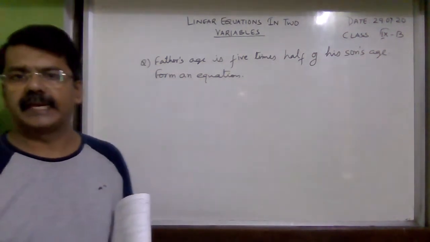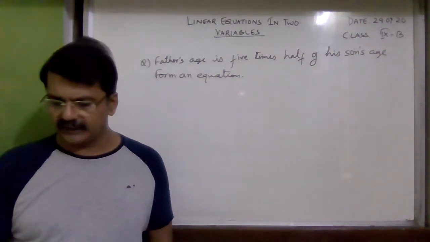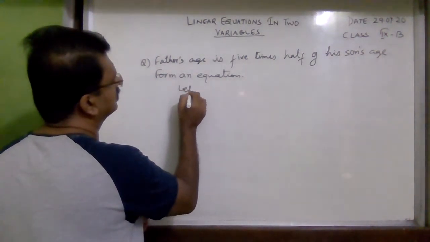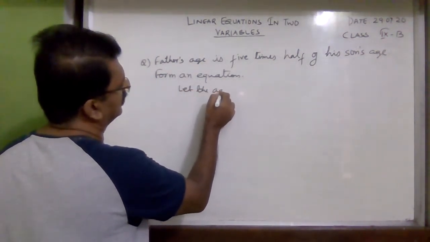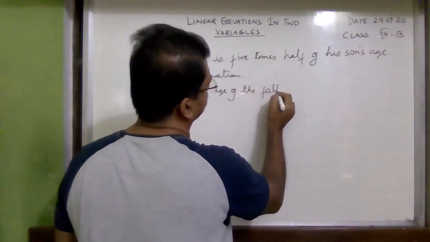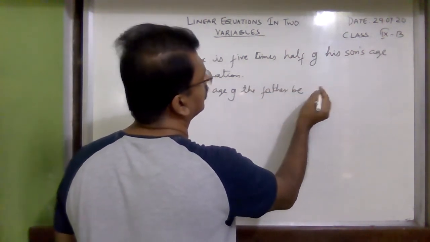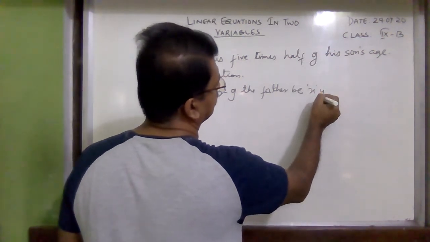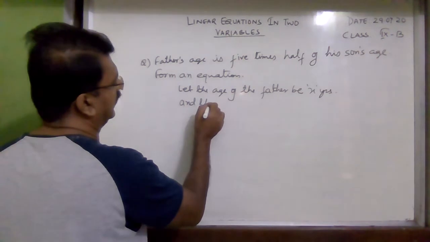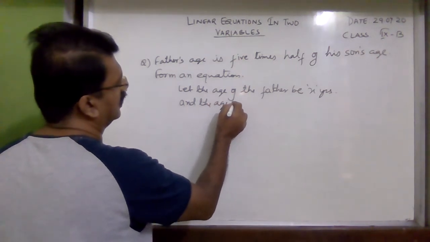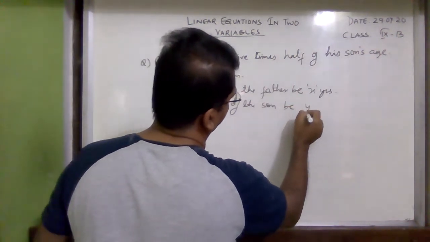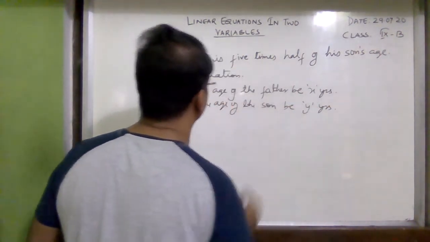Form an equation. Let the age of the father be x years and the age of the son be y years.